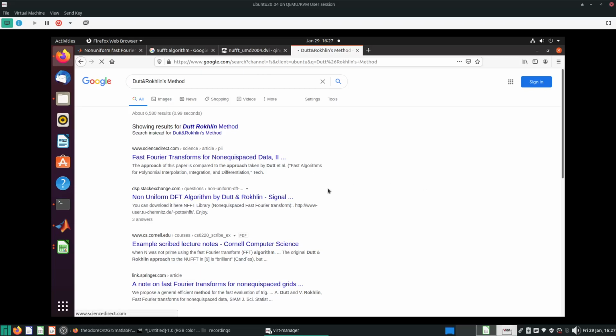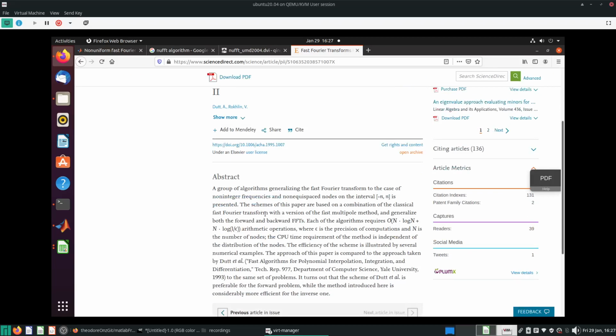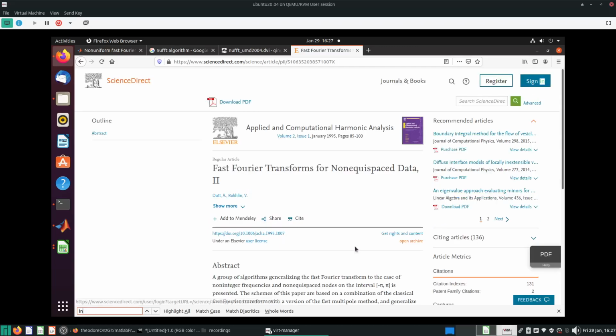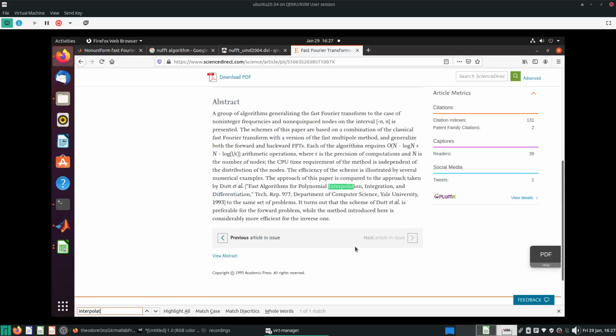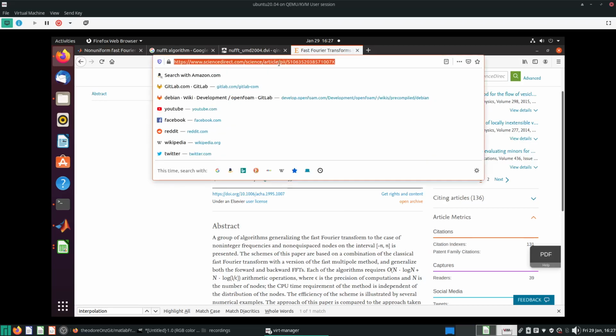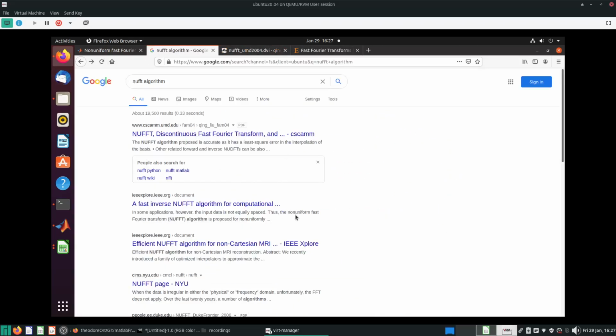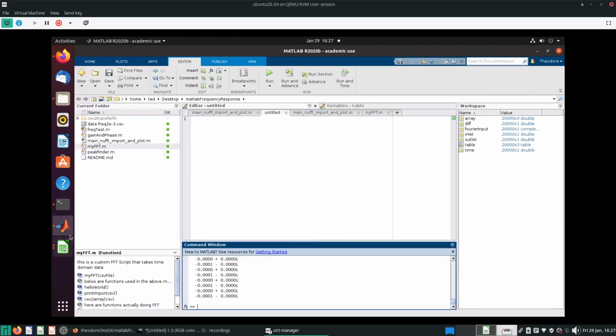You see here, fast Fourier transforms for non-equispaced data, and it basically says there is this idea of interpolation. There are more nuances to how you interpolate, but I'm not going to get into it. I'm just going to leave these links for you. By Google search, you can find this out. But the idea is the same.